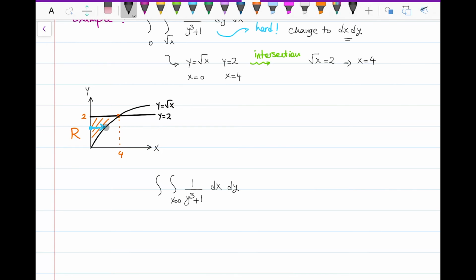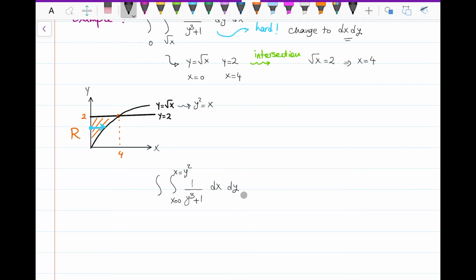The second point, the end point, lies on this curve, which is y equals root x, but I need x equals something, right? It's just because we're taking with respect to x first, we have dx inside, so x equals something. So let me solve for x. I square both sides, so x equals y squared.